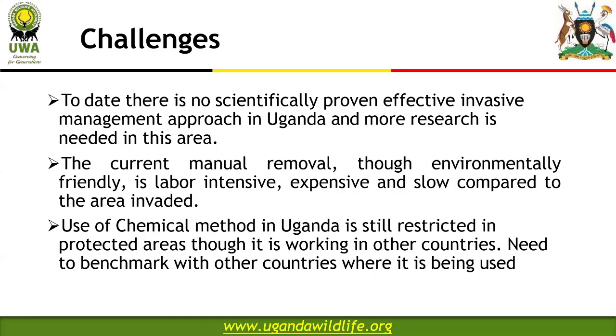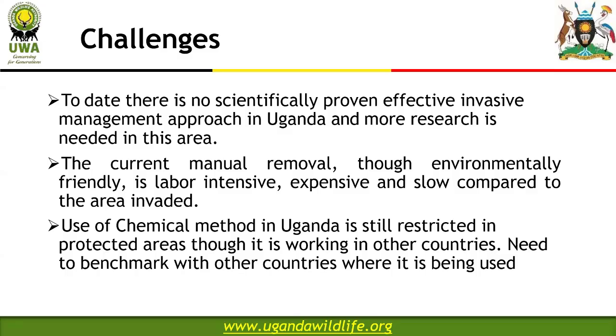So it is very costly, to the extent that currently, to remove 1 hectare of invasives in Queen Elizabeth, you need to spend Ugandan shillings 4 million. That is the first cutting, the first removal. Then when you are coming to remove the regrowth, you need to pay 2 million.